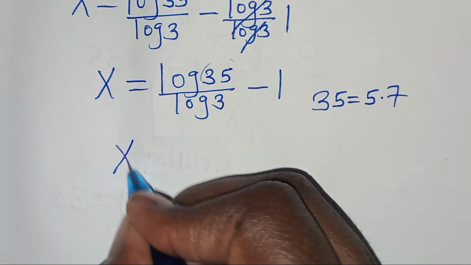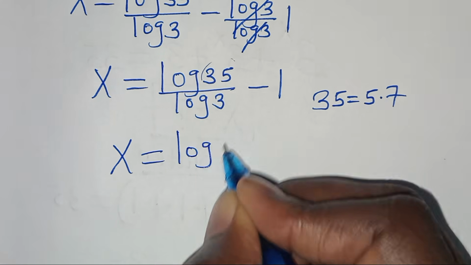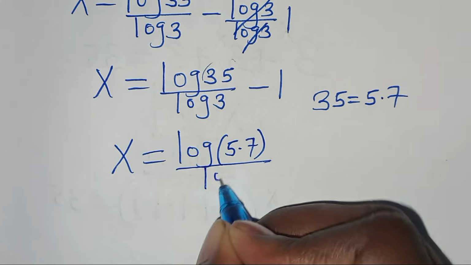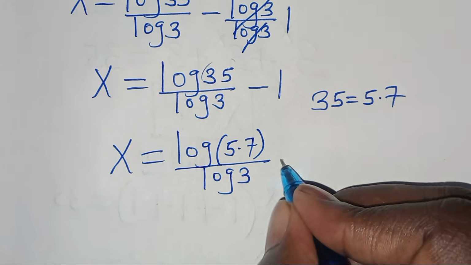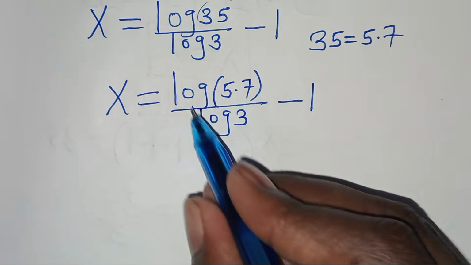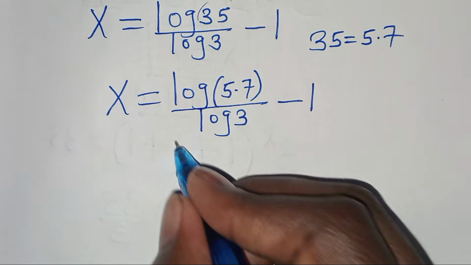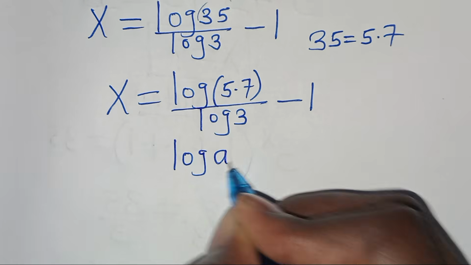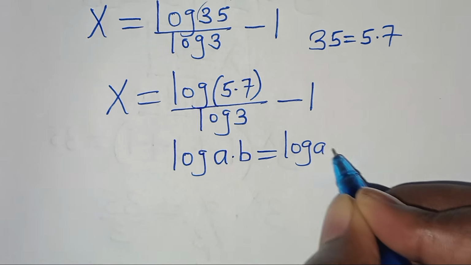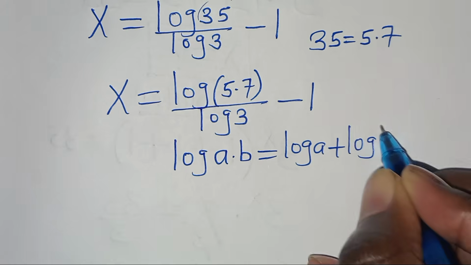So this is the same thing as log of 5 multiplied by 7 divided by log 3, then subtract 1. Now we have log of 5 times 7, which is in the form of log a multiplied by b, which can be expressed as log a plus log b.